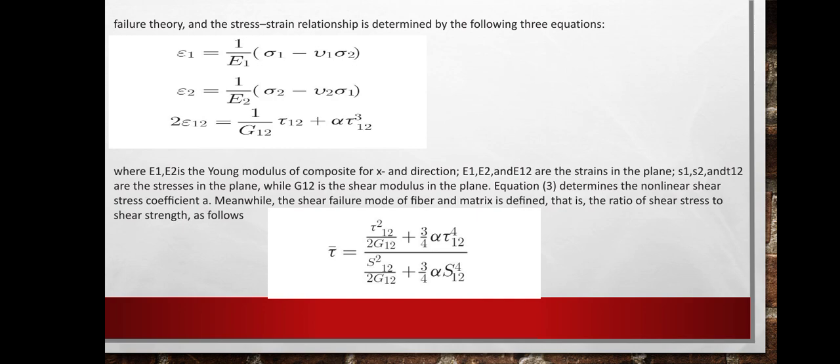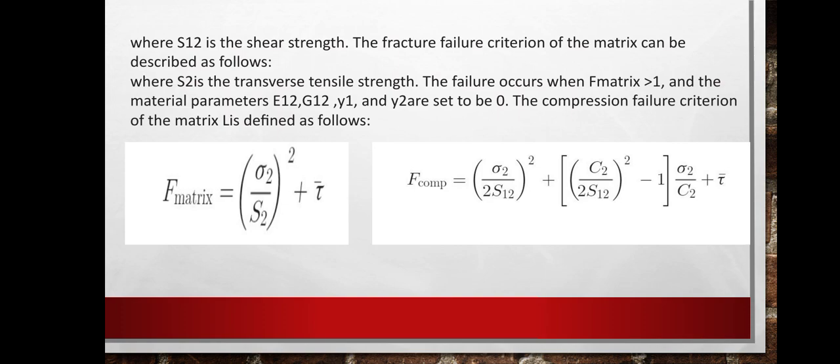Meanwhile, the shear failure mode of fiber and matrix is defined as the ratio of shear stress and shear strength as follows. Tau is equal to tau square 12 by 2G12 plus 3/4 alpha tau to the power 4 suffix 12, whole divided by S square 12 by 2G12 plus 3/4 alpha S to the power 4 suffix 12, where S12 is the shear strength.